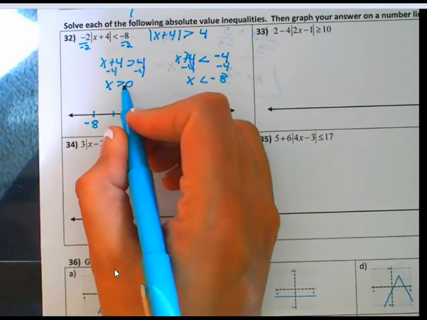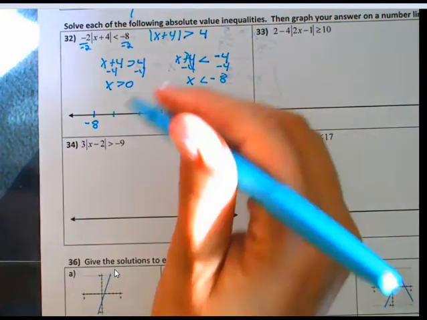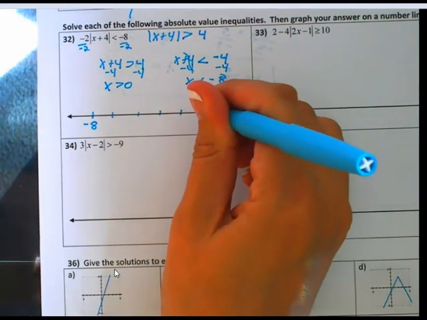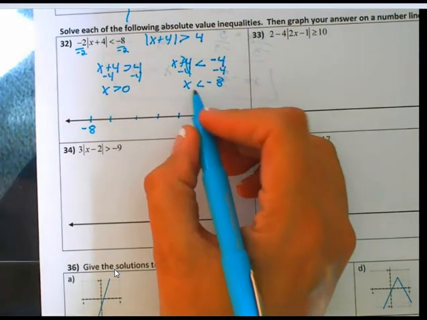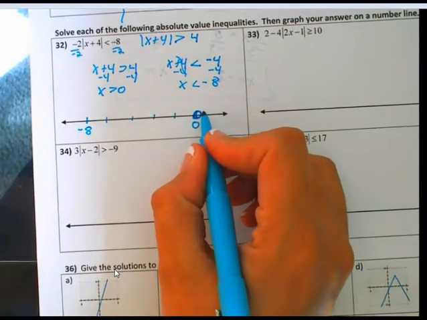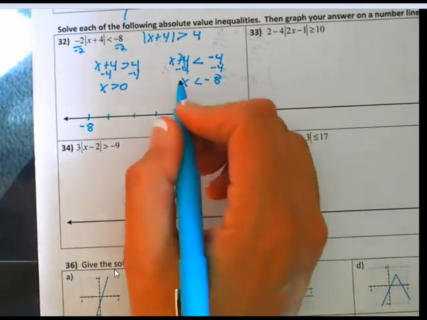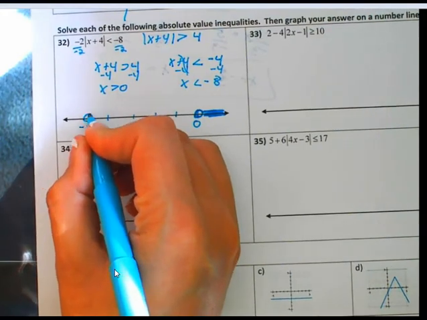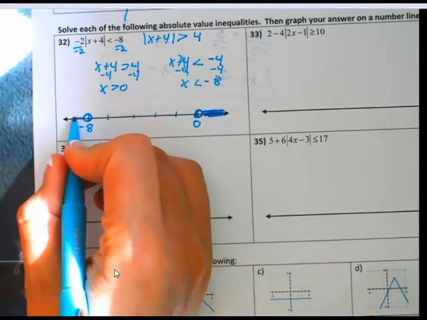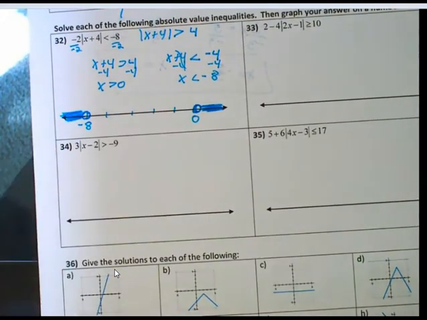So you need to say to yourself, is that a closed or an open circle? So x is greater than 0, so that's an open circle. And x is greater than is going to be shading this way, so more than 0. And then x is less than negative 8, so less than gets an open circle, and less than negative 8 is going to be shading to the left. Okay, so that's what our graph would look like for that one.